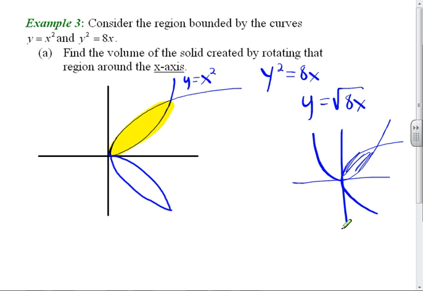Looks like a flower, doesn't it? It's on its side, but that's okay. So this is the opening here, and then inside here, there's a hole. I don't think that looks too bad.